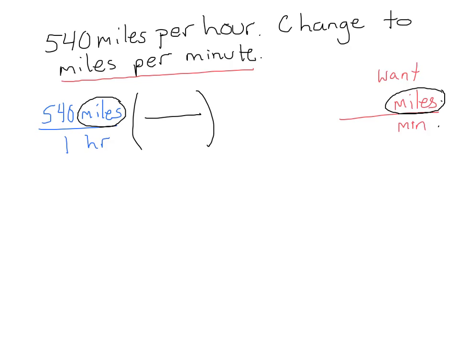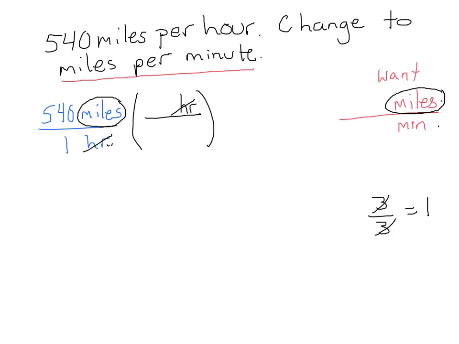In order to change this, we need to get rid of the hours. So just like division works, 3 divided by 3 is 1, right? Simplifies to 1. If we put the same thing on top as on the bottom, they will cancel out. But we can't just put those there. We need to have an equivalent statement.